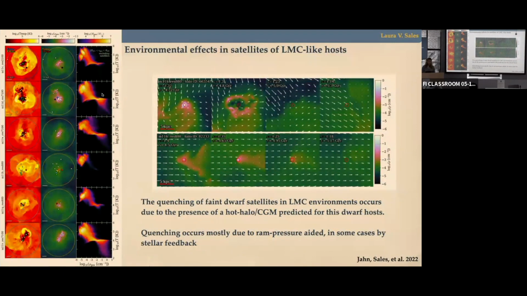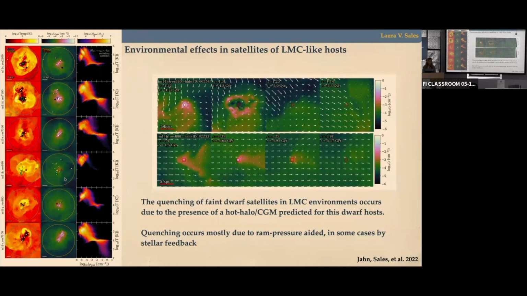So a combination of those two processes seems to explain all of these cases. And of course, it comes with the corollary that the LMC should have an associated CGM, or a prediction for what the CGM of objects like the LMC in the field should have. So what you see here in the maps is colored by either density or temperature, but all of the M11 halos in FIRE have a substantial amount of CGM or hot corona, as you like to call it.